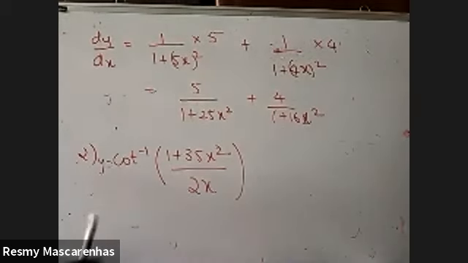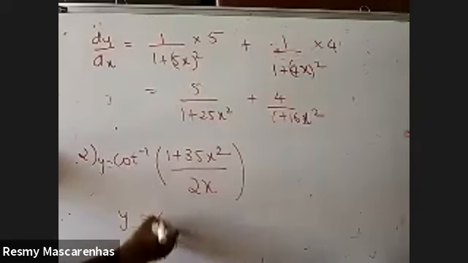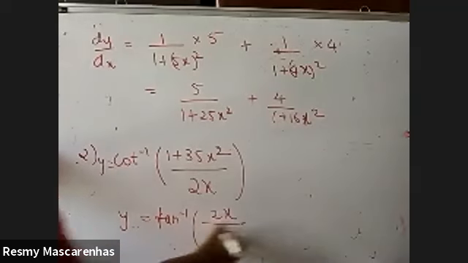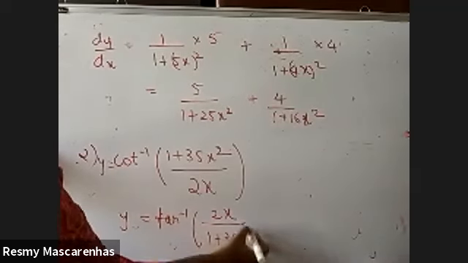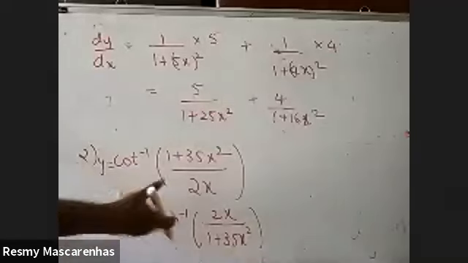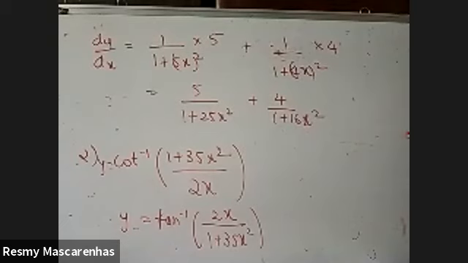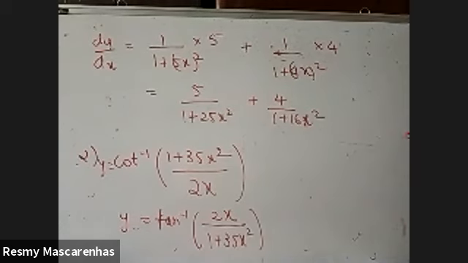So y will be tan inverse of the ulta I made, so that I can use the tan inverse of x plus y or x minus y formula. Now split 35 in terms of two numbers. Which combination are you getting?